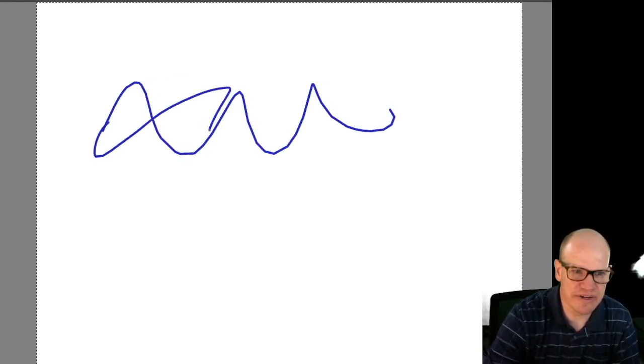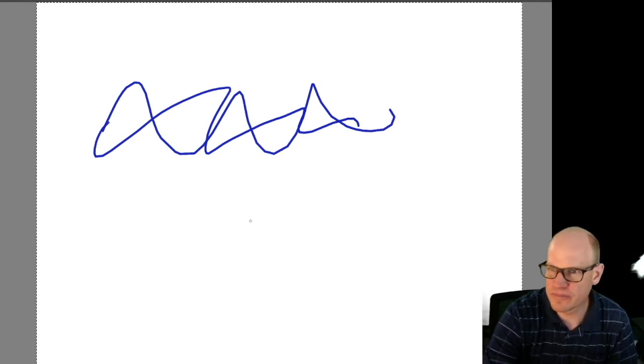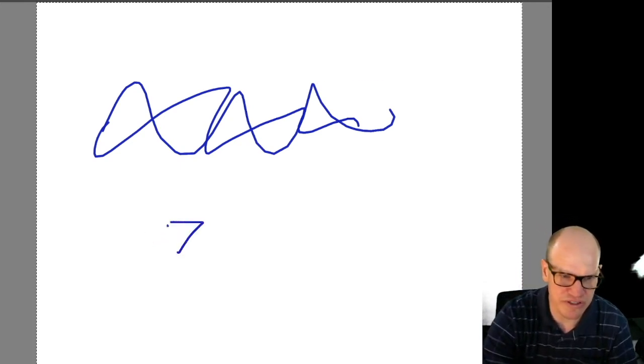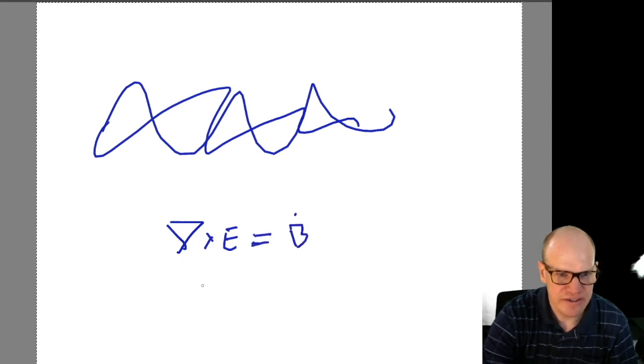Electromagnetic waves are waves of electric and magnetic fields. We know from Maxwell's equations, if we just look at the oscillating part and don't worry about electric currents, we get del cross E equals minus B dot, and del cross B equals E dot.